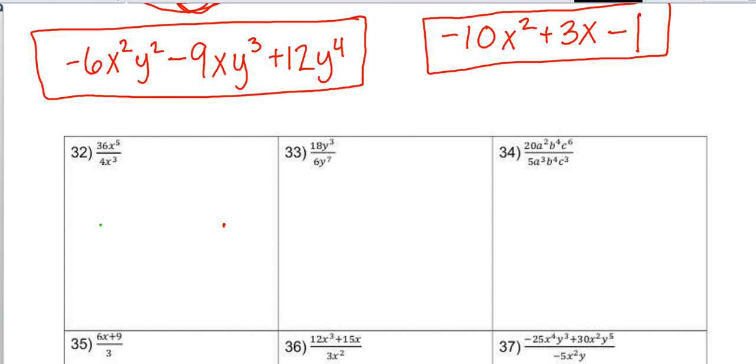So 20 divided by 5 is 4. a squared and a cubed, that's going to have an a on the bottom, isn't it? My b's cancel out, and I have c cubed as my numerator. So for this one, it's actually still a fraction. And guess what? That's okay.